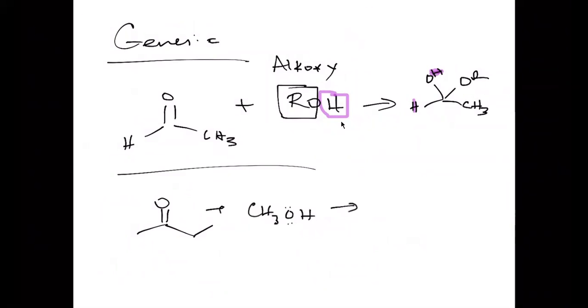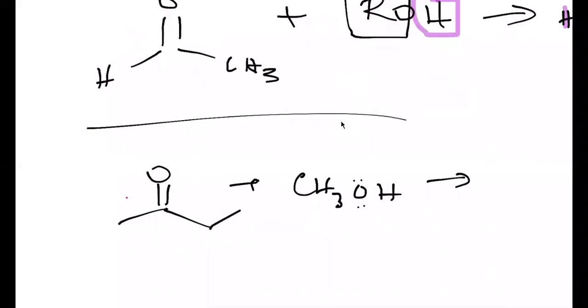All right. So what do you think is going to happen here? My carbonyl has a huge dipole going this way. Big dipole, so that's partially negative, partially positive. So what do you think happens in the first step?